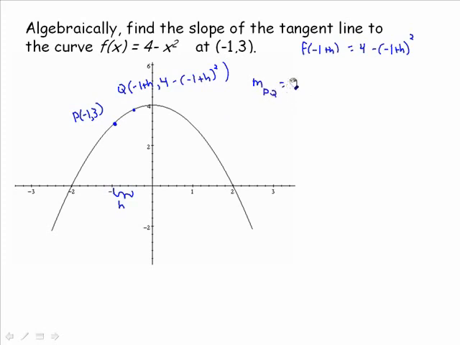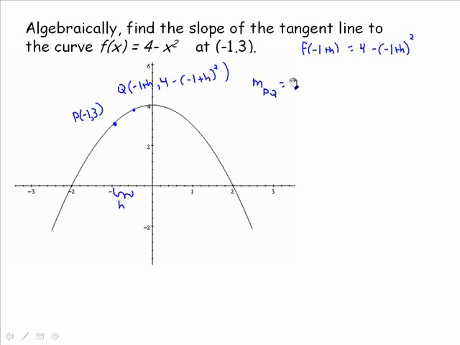Now when I'm getting the slope of PQ, keeping in mind that ultimately I want h approaching 0, I am really trying to find an approximation of the slope of the tangent line at point P. Now keep in mind as well that I'm not saying h is equal to 0, I'm saying h approaches 0.